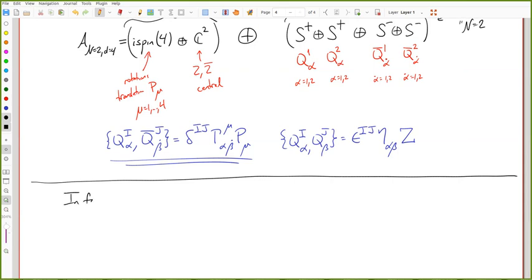So in fact, this algebra is a representation not only of the spin group, but also of the other symmetry, the internal SU(2) symmetry of the theory. So it's a representation of Spin(4) × H. I'll remind you that H was just the SU(2) global symmetry, or R-symmetry.